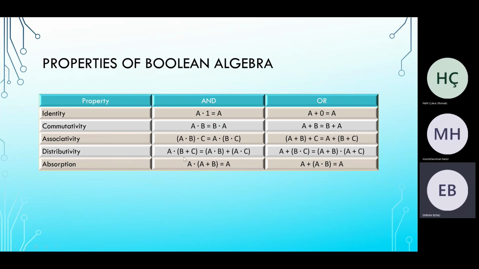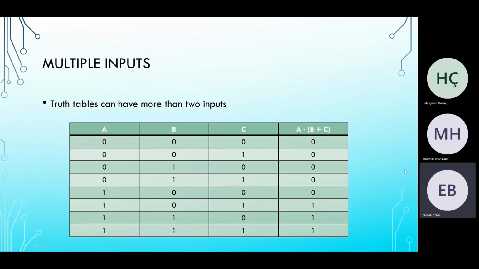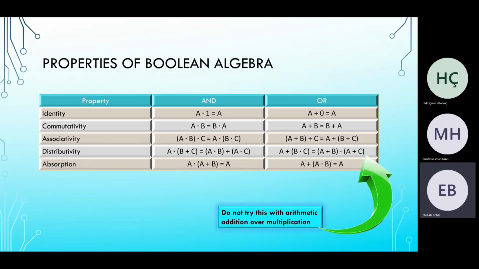And for distributivity, you already know that you can multiply A and B or A and C. That's how you can write it. But we said this second one with the OR operator, it doesn't make sense if you are thinking arithmetic addition and multiplication. It doesn't work with that.